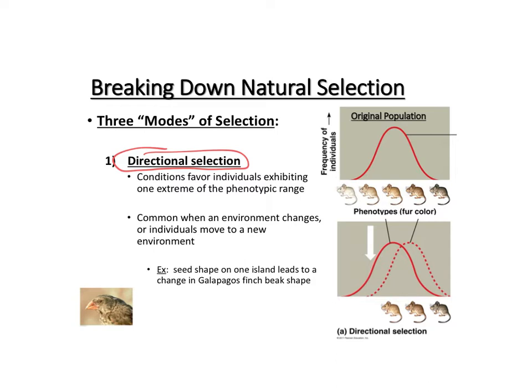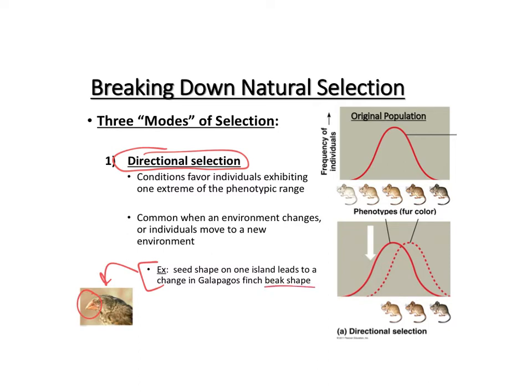This is really common when you get an environmental change. So, two examples here. The first example, in writing, goes with this little picture, and this is one that I teach freshman year. I'm pretty sure Miss Crowdis teaches it as well with her students. The Galapagos finches. On a particular island, there might be large seeds that need to be broken. If that's the only food source, we get these large, big beaks that are able to crack open the seeds.